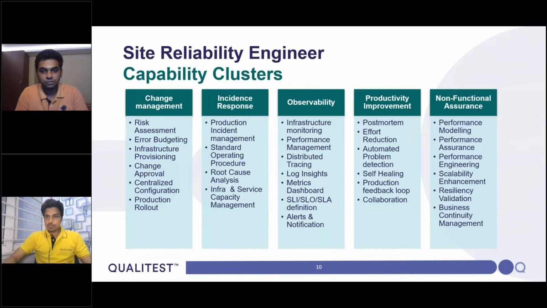This looks completely exhaustive, but from a non-functional testing point of view, I know we belong to the non-functional testing center of excellence. If I look from the perspective of a non-functional tester, some of these capability clusters look very familiar. For example, non-functional assurance: we are talking about performance modeling, performance assurance, engineering, scalability, and these activities, and a bit of activities under observability as well, right?